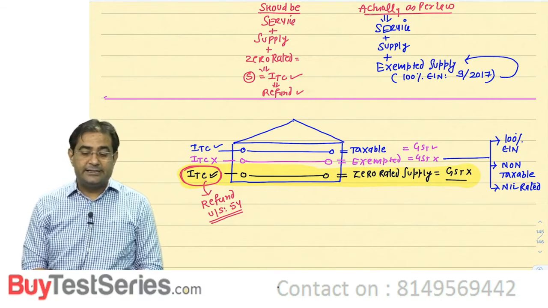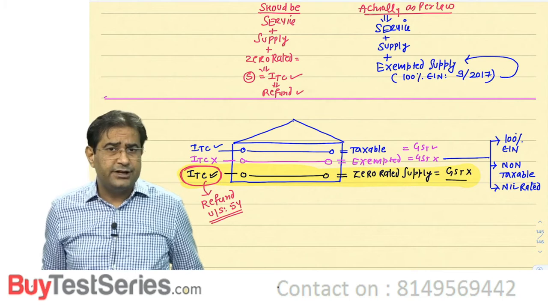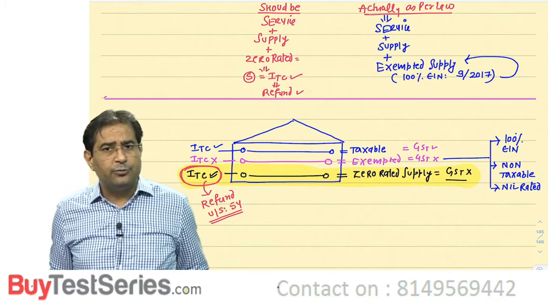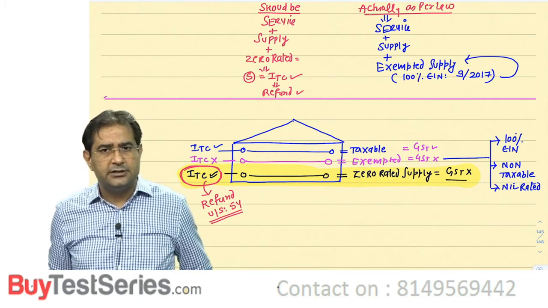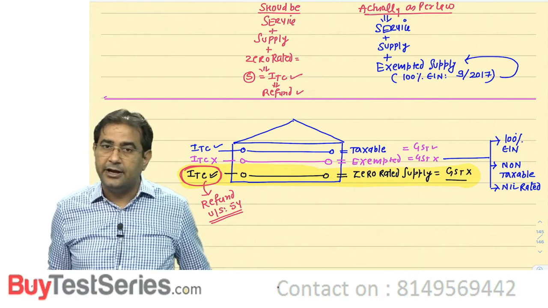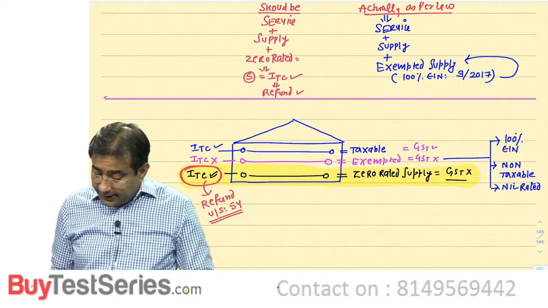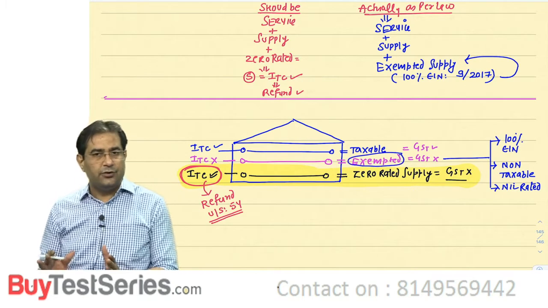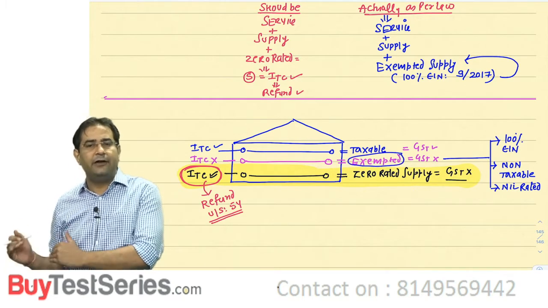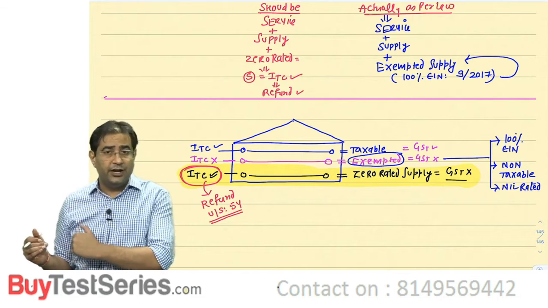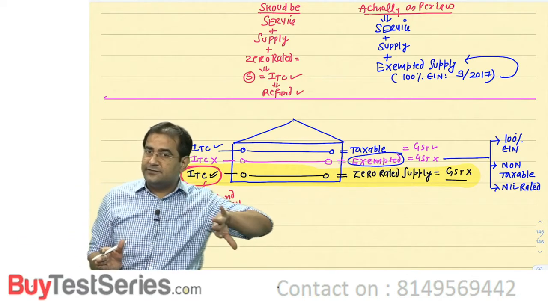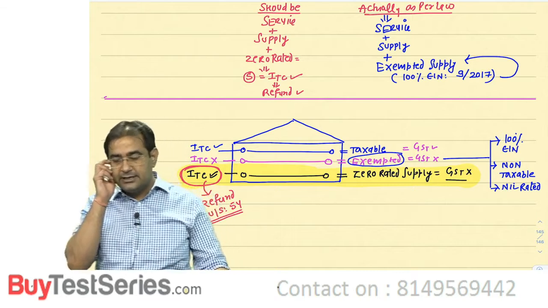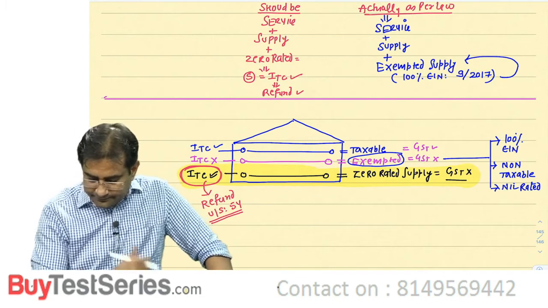Sir, can exempted supply also be considered as zero rated? Never ever. Exempted cannot be covered under zero rated. Zero rated is a different supply having different provisions, whereas exempted supply is a different supply having separate exemptions, my dear.